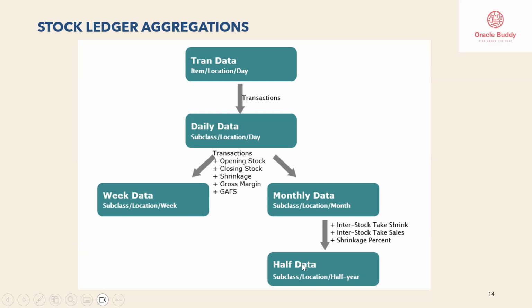Then half data at the subclass, location, half year is rolled up. All these transactions like opening stock, closing stock, shrinkage, gross margin, gaps, intercompany stock shrink, intercompany stock sales, and shrinkage percentage are calculated by these batches.